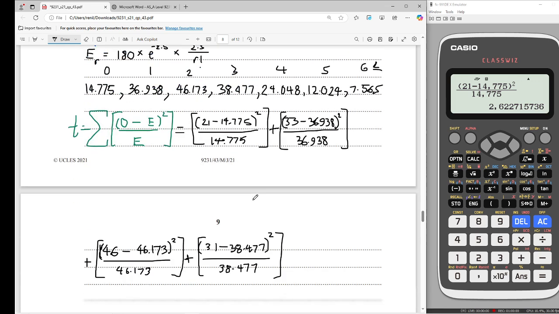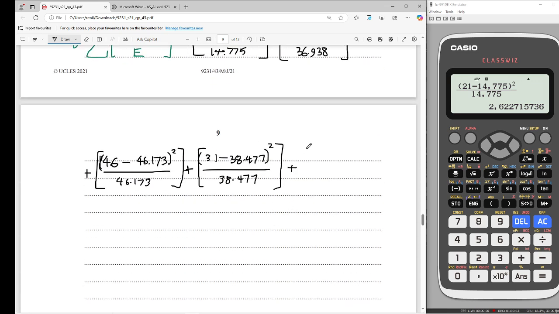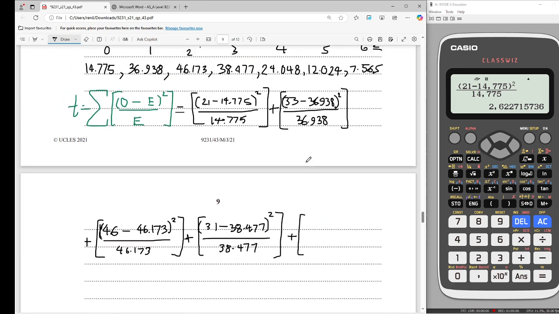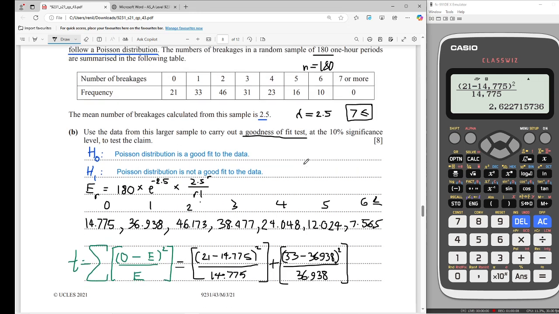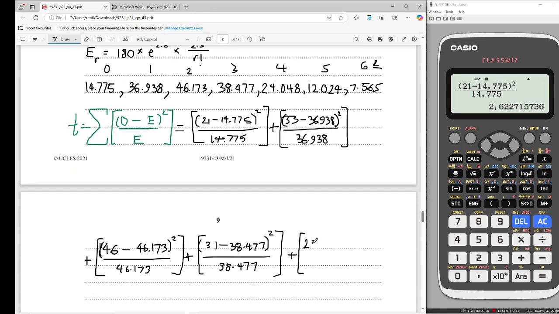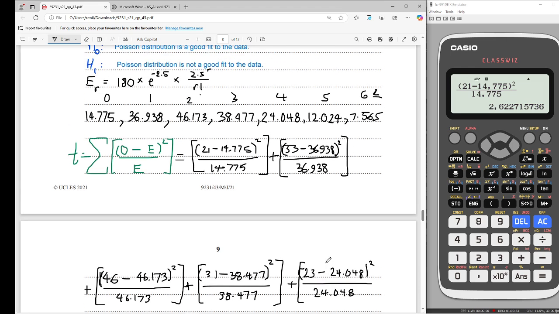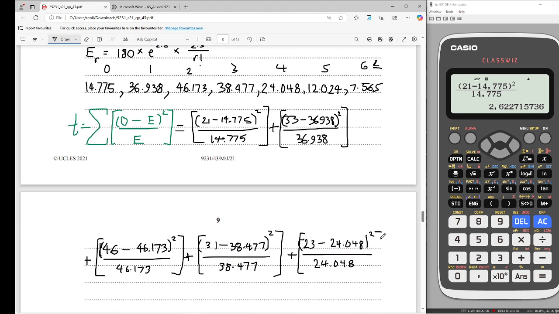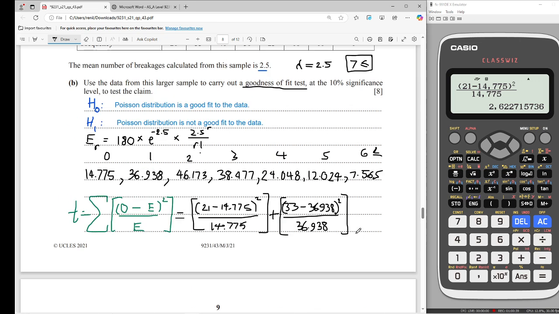Now when r equals 4, observed becomes 23, but our expected frequency was 24.048. Whole square that difference and divide it with our expected value again, so it's 24.048. That's our expected value right there. So that's when r equals 4.